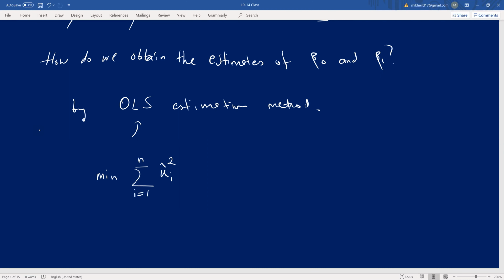And the sum is over all of our observations in the sample, where n is the sample size. And you are doing this minimization with respect to beta hat 0 and beta hat 1. And you know that both beta hats are in u hat, right?